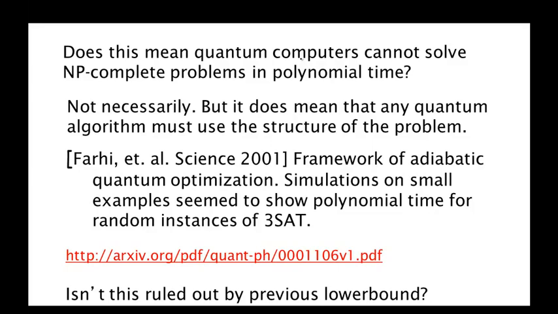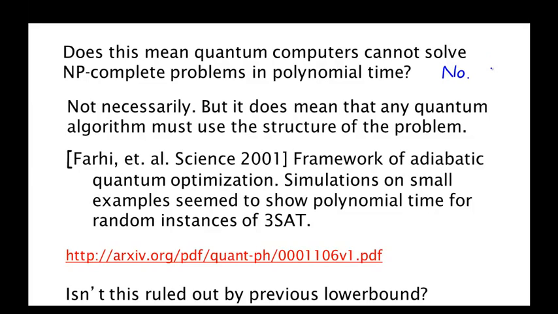So have we shown that quantum computers cannot solve NP-complete problems in polynomial time? Well, the answer is no. We haven't shown that, because what we've shown is that if we think of our problem as a black box problem, so if we don't understand anything about the structure of the satisfiability problem, so we can't just look at the formula and, syntactically based on what the formula looks like, find a fast algorithm that decides whether it's satisfiable or not.